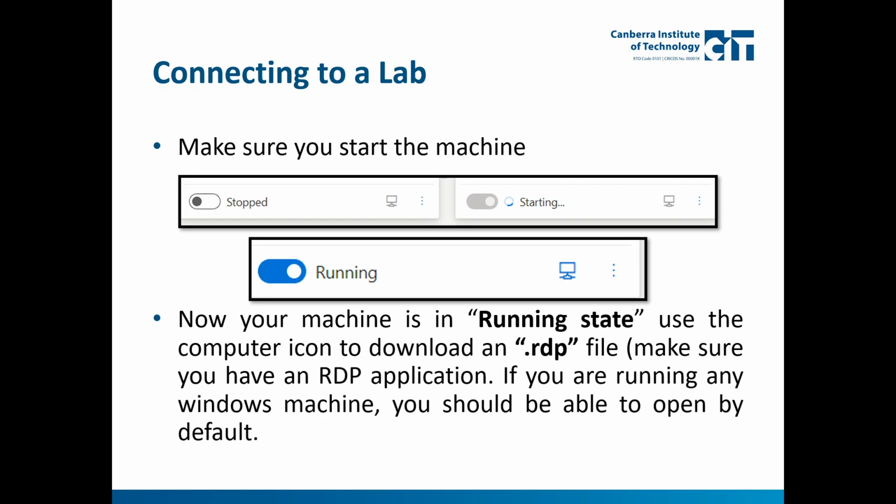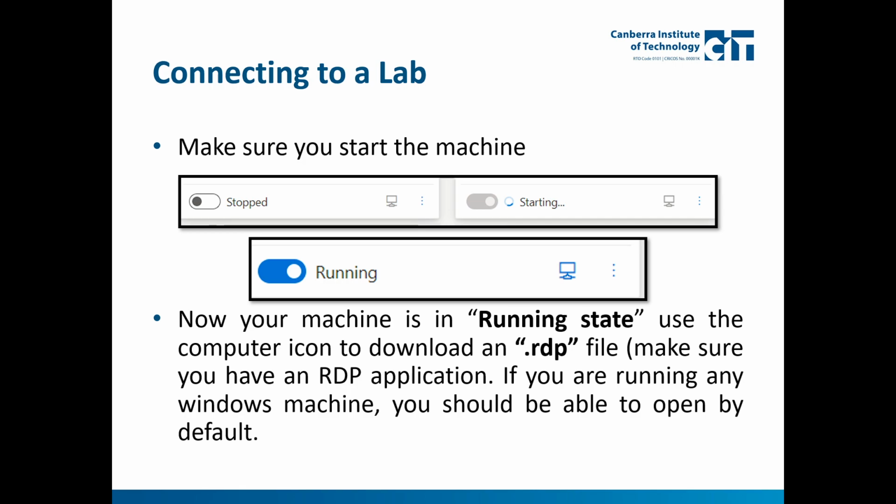When you click the blue desktop icon, you will download an RDP file. RDP stands for Remote Desktop Protocol. It's a protocol that allows us to make a remote connection to another computer.